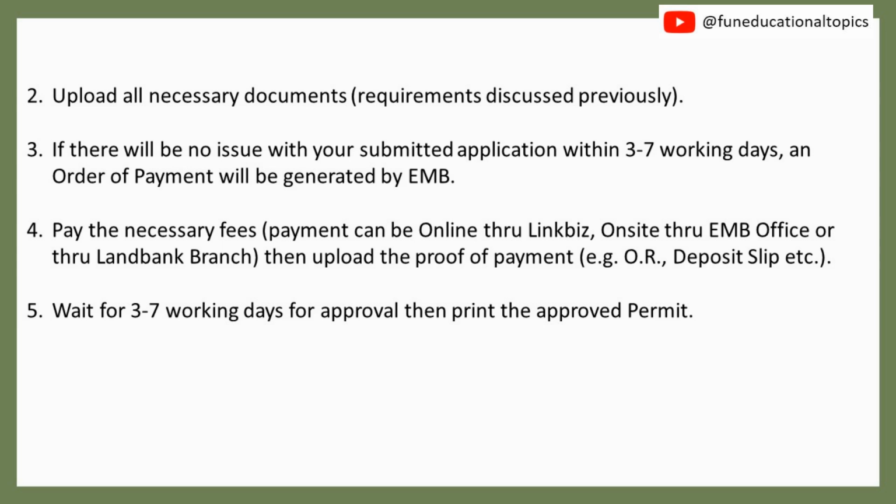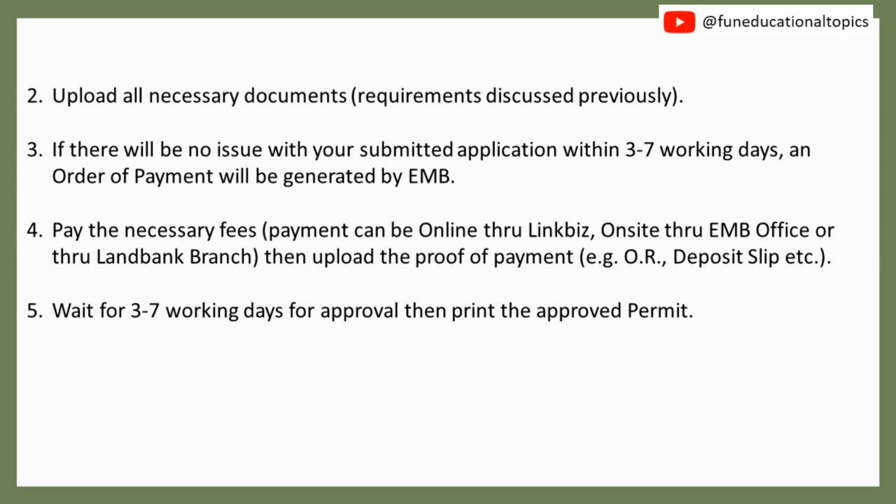The next step is to upload all necessary documents or the requirements discussed previously. If there will be no issue with your submitted application within 3 to 7 working days, an order of payment will be generated by EMB. Pay the necessary fees. Payment can be online through LinkBiz, on-site through EMB office, or through Land Bank branch.